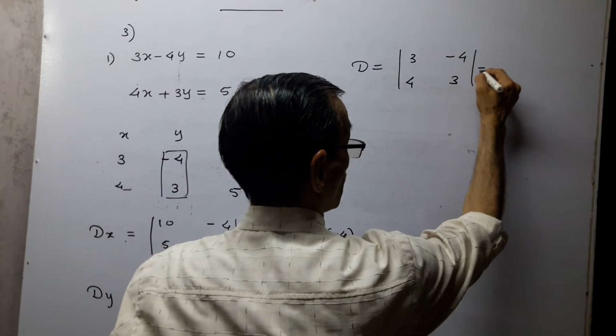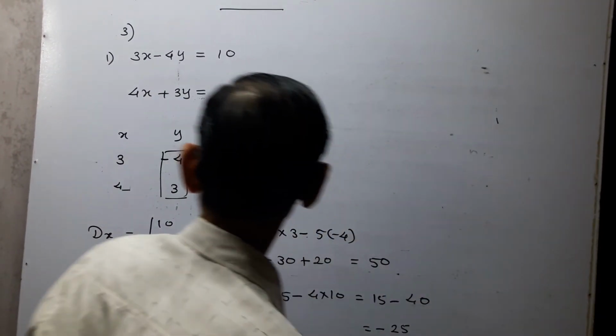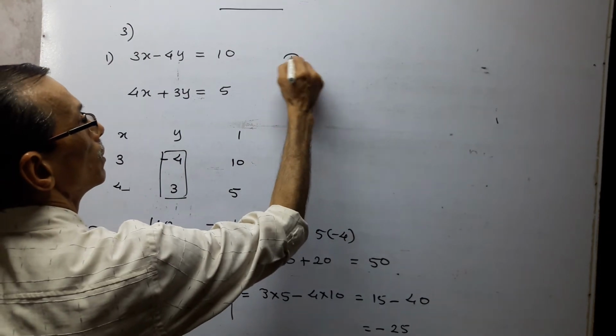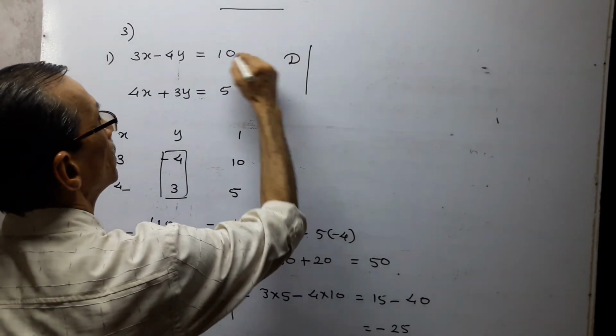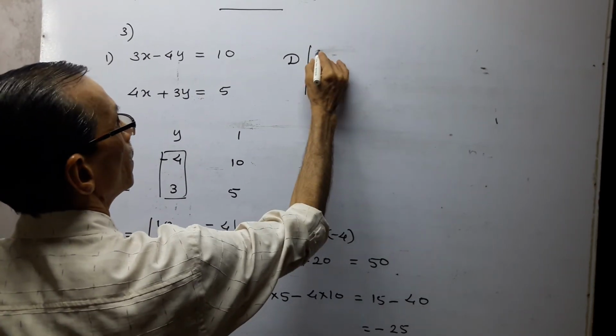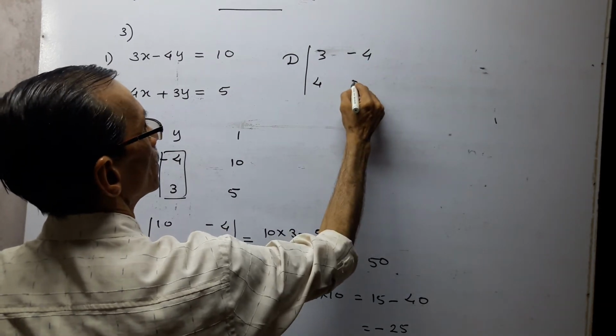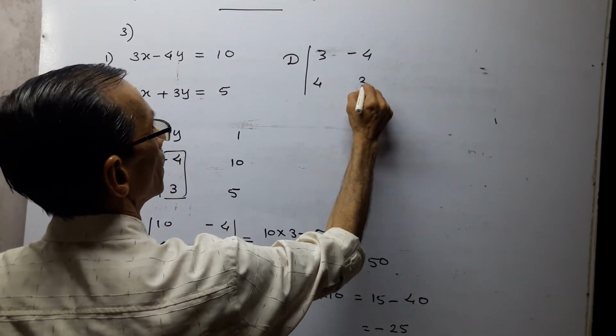So dy is equal to minus 25. Now let us find D. Let me write once again. D is equal to 3, 4, minus 4, 3.